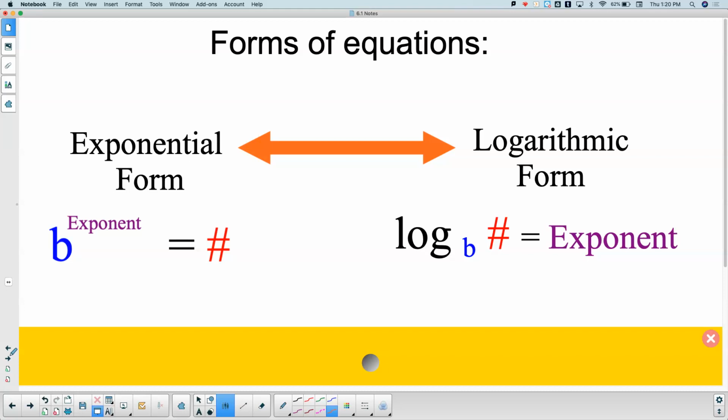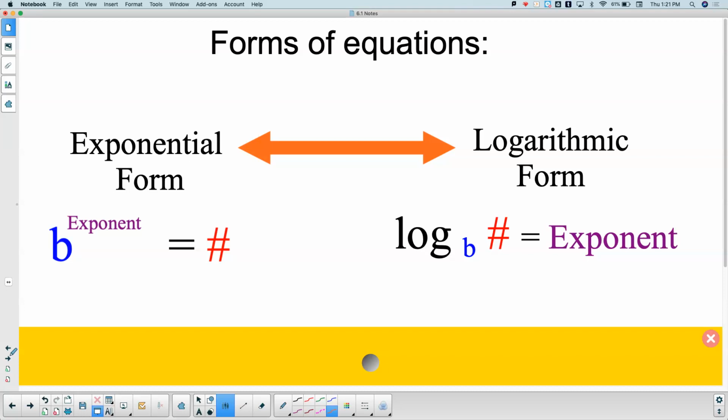If it's in logarithmic form, we can switch it to exponential form, and we can solve it. So in exponential form, we have our base b, we have our exponent, and that equals some number. So b to the exponent equals some number would be a common exponential equation.